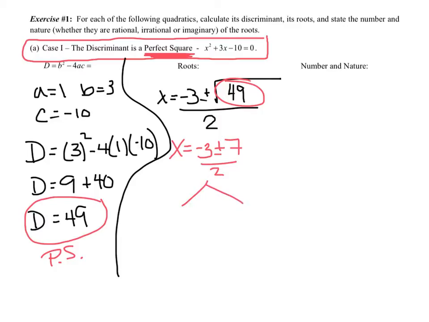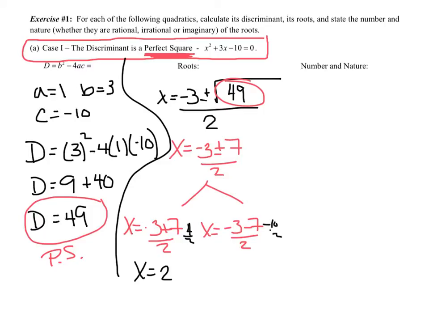Now I'm going to split my 2 answers. I get x equals negative 3 plus 7 all over 2, and x equals negative 3 minus 7 all over 2. So negative 3 plus 7 is 4 divided by 2. I get x equals 2. And this is negative 10 divided by 2. I get x equals negative 5. So those are actually my roots.